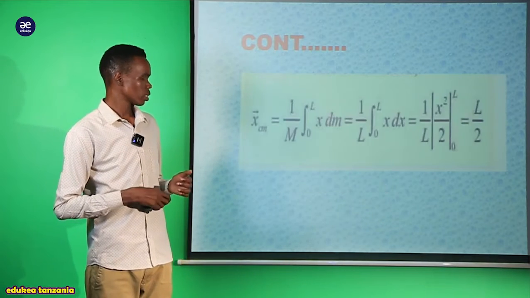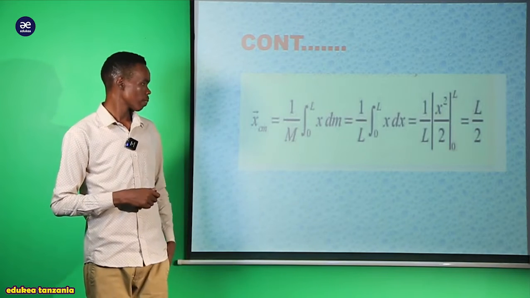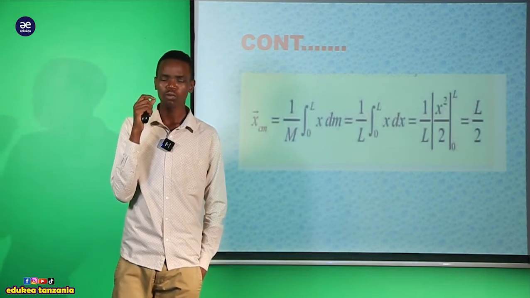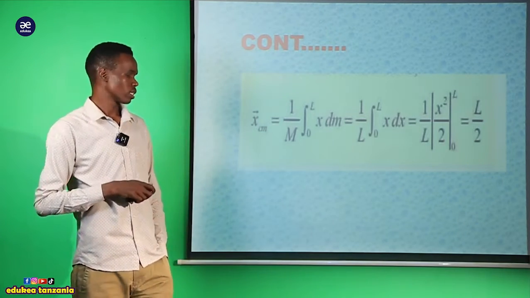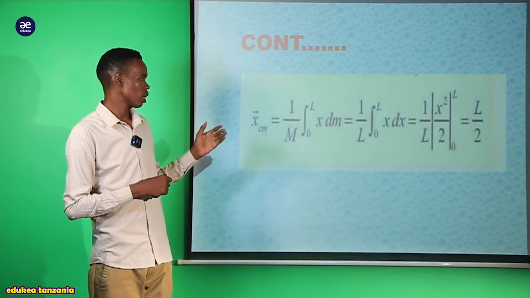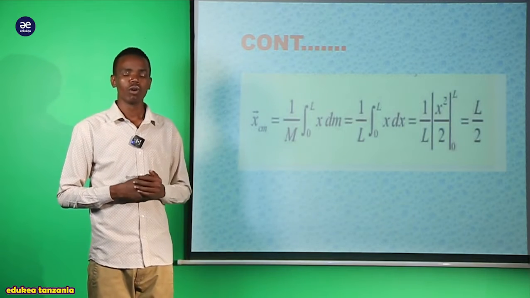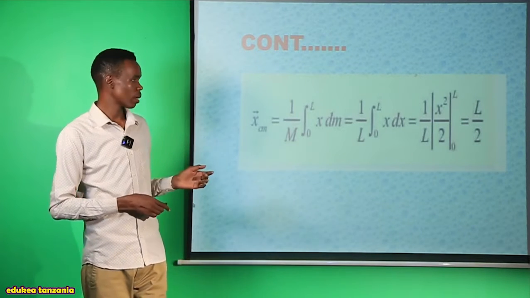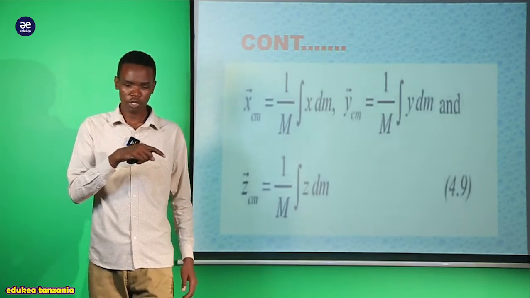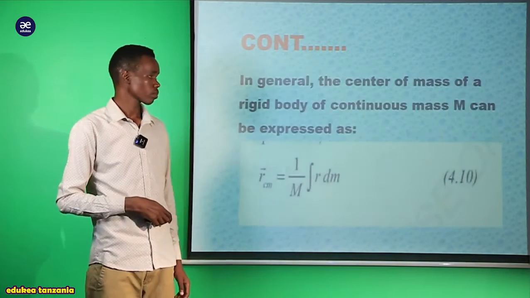So after this, my dear student, the thing that we are supposed to do here is to recall that the center along the x-axis, kwa sababu tunaongelea kuhusu kwenye x-axis, tutasema kuwa the center of mass along the x-axis, along the vector of the x-axis must be equal to 1 over m. Kwa tutatumia hii definition kwa sababu ile uniform load ilikuwa inajaribu kurotate along the x axis.